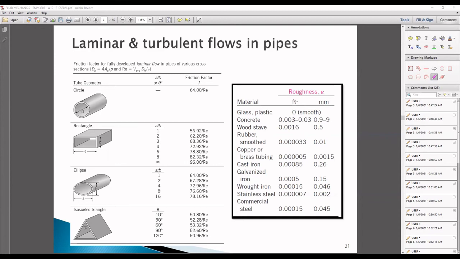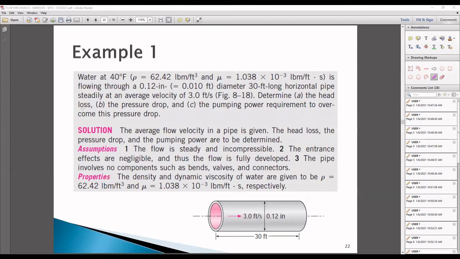Make sure that you know what your measurement unit is, whether you refer to the SI unit or the British or American standard unit. Okay, we have an example. I will go through this particular example in the other videos.